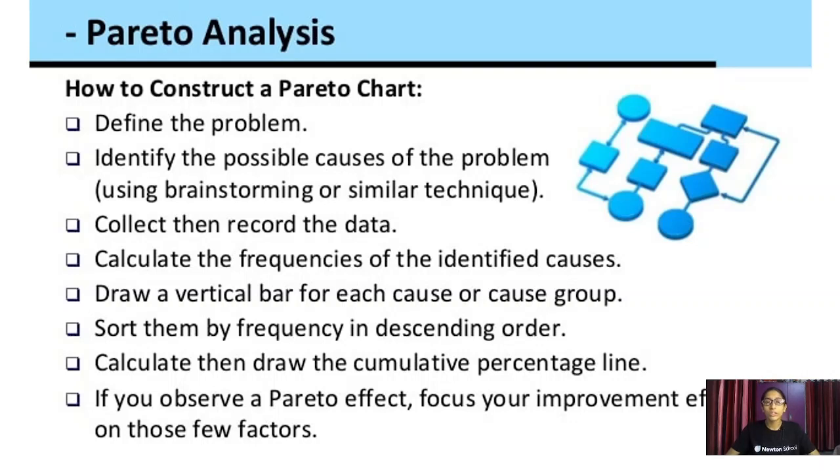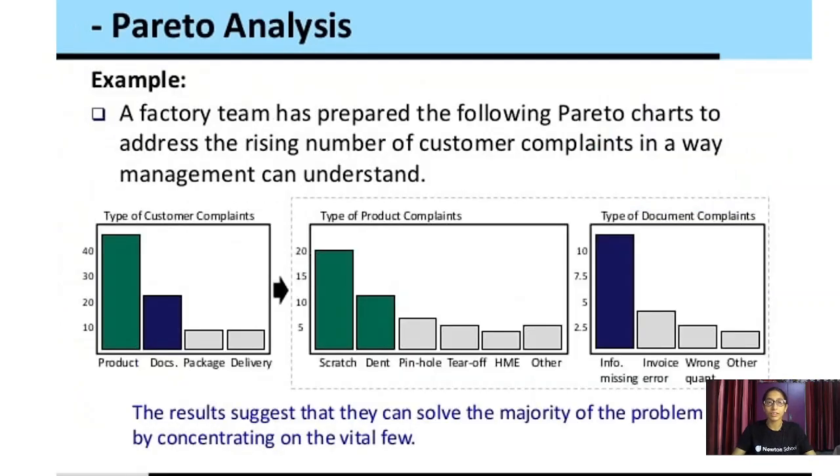Fifth, draw a vertical bar for each cause or cause group. Sixth, sort them by frequency in descending order. Seventh, draw the cumulative percentage line. Eighth, if you observe a Pareto effect, focus more of your improvement efforts on the few factors.